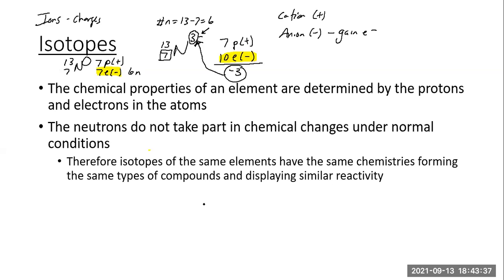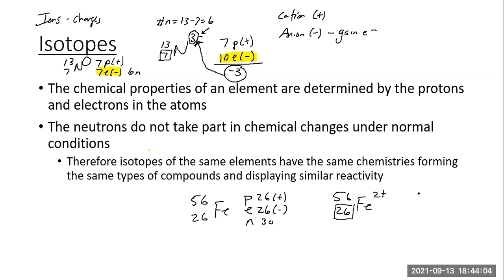Same thing if we look at the iron example, it was 56 and 26 in iron. This guy with no charge had 26 protons, a matching number of electrons, and again, neutrons was 30. If we take that exact iron, but give it a +2 charge, let's talk about what's happening here.